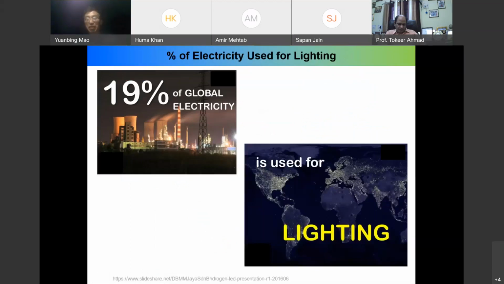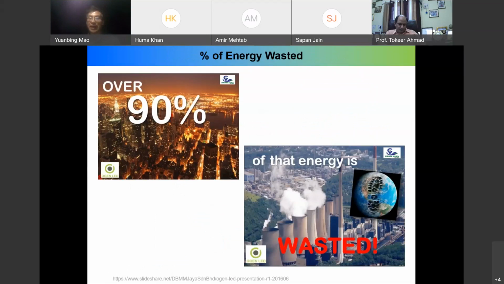I want to tell you why this is such a big deal. We may not realize that 19% of global electricity is used for lighting, and over 90% of that energy is wasted. Think about the fluorescent lamps.